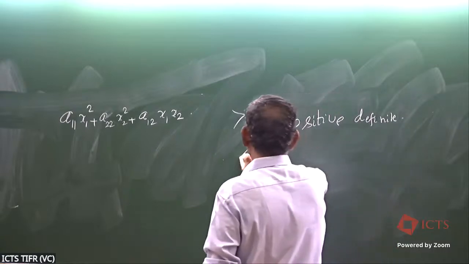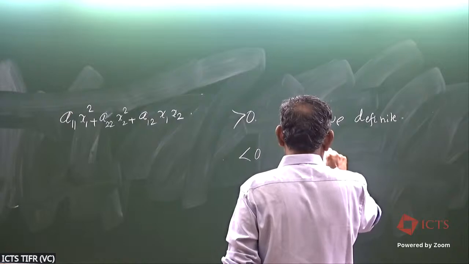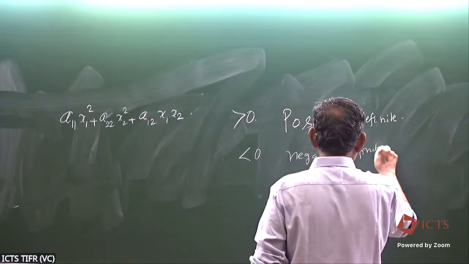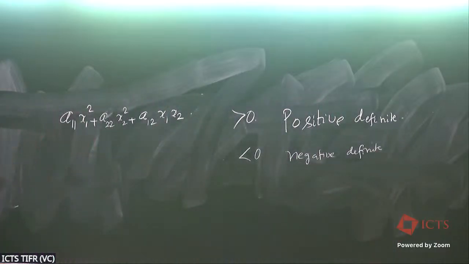And if it takes only negative values, of course, it is called a negative definite form. By allowing 0, you can also have a semi-definite form, etc. And we are interested in the positive definite forms.